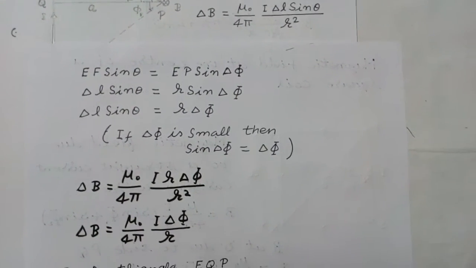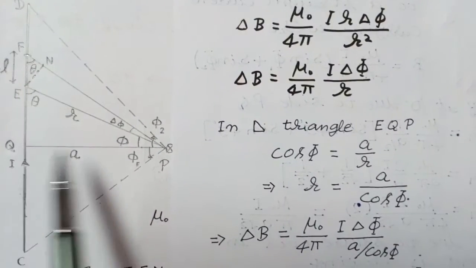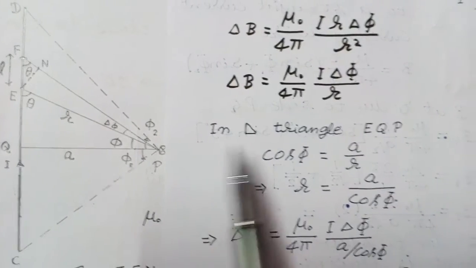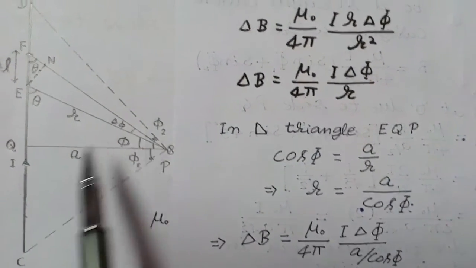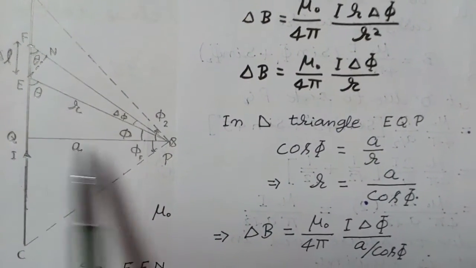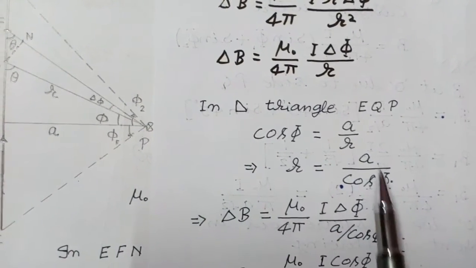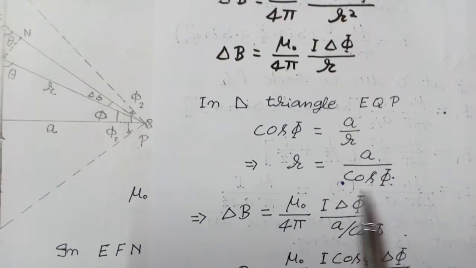Now see, in this right angle triangle EQP, its angle Q is 90 degrees. So cos phi is equal to a upon r. This angle is phi, so cos phi is equal to a upon r, base upon hypotenuse. This implies r is equal to a upon cos phi. So for r, we may write a upon cos phi.